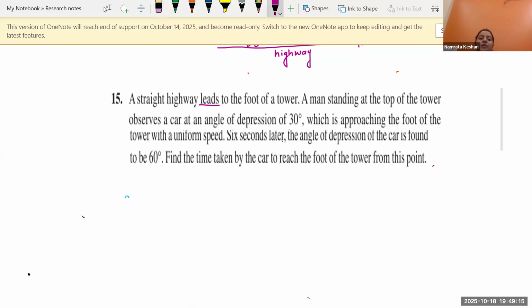Are you able to draw the figure? Yes, Salwa and Afshin. Let's draw it together. A straight highway leads to the foot of the tower. The moment I'm reading there is a tower, I'll make the tower. That's how we approach any question over here, right?